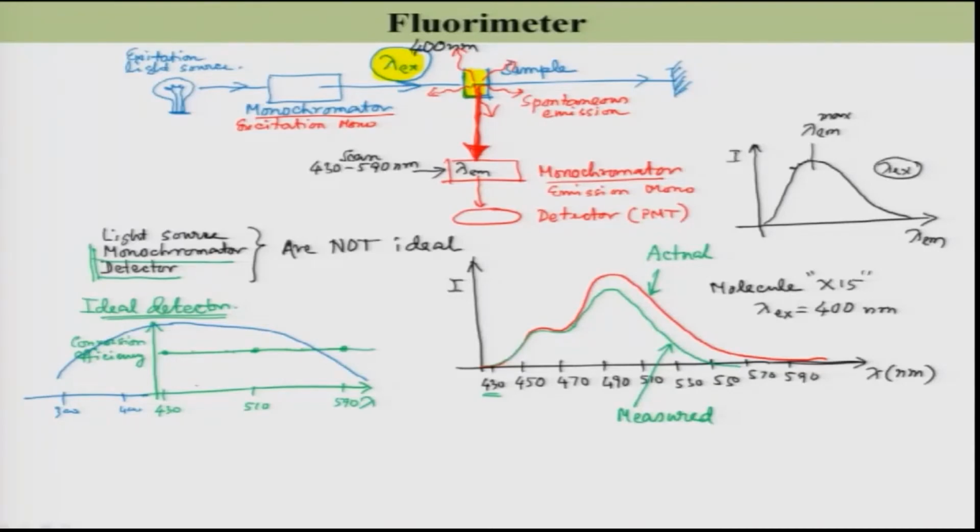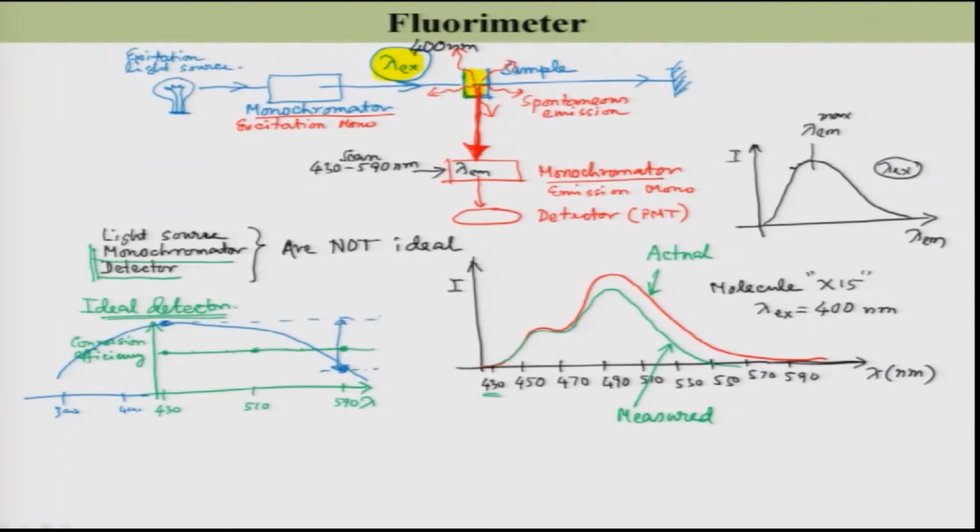It means that when the light of 430 nanometer falls upon the photocathode of this PMT detector, the conversion efficiency is more than when a 590 nanometer light falls on this photocathode. So, the efficiency is different, the difference is this much.